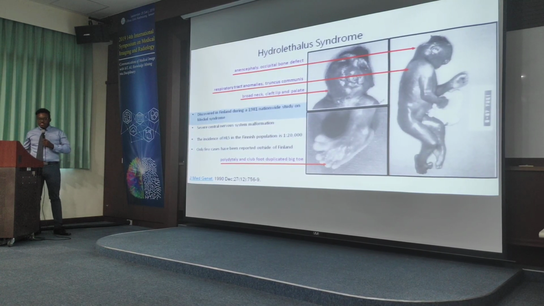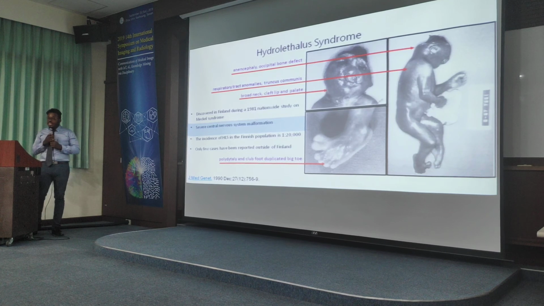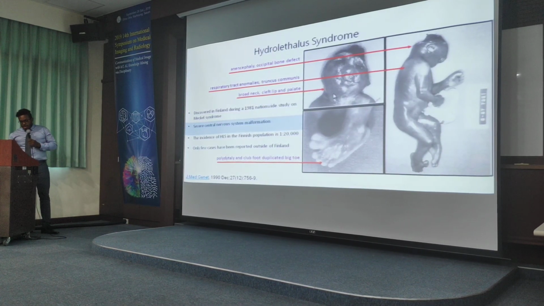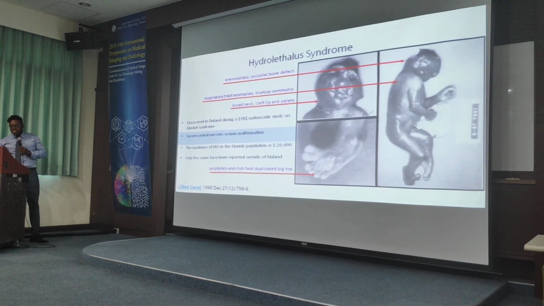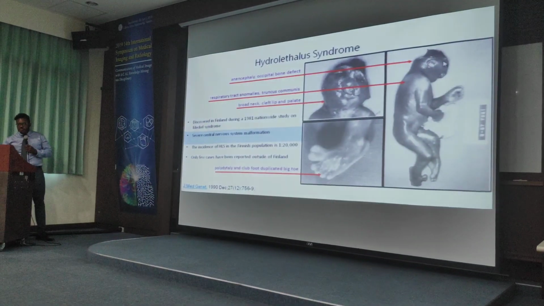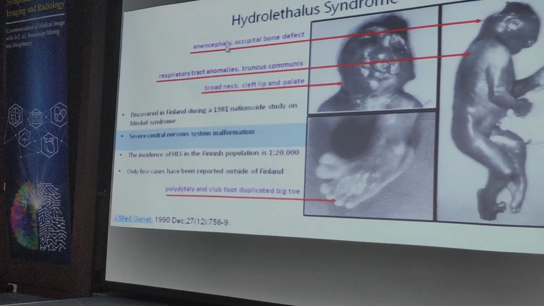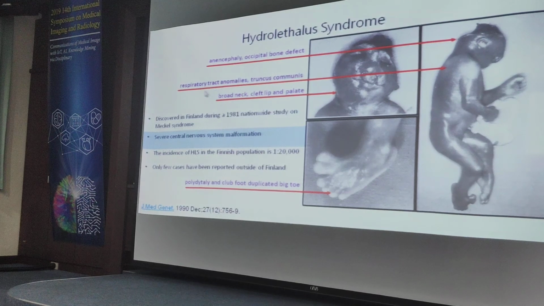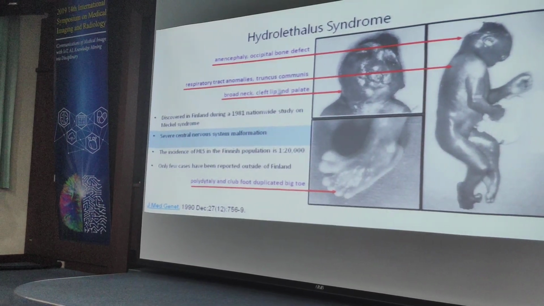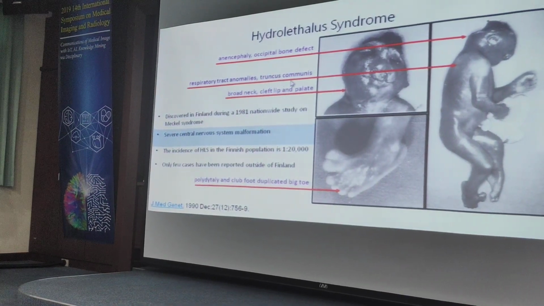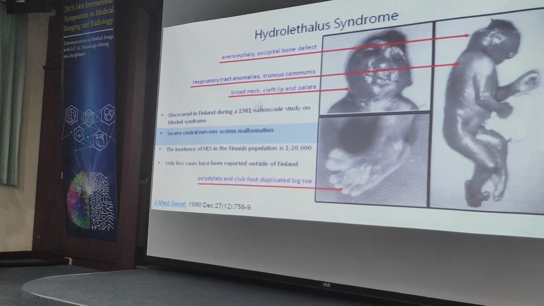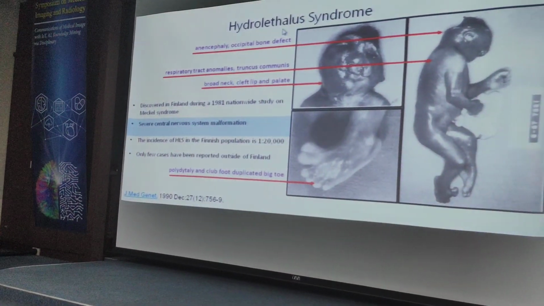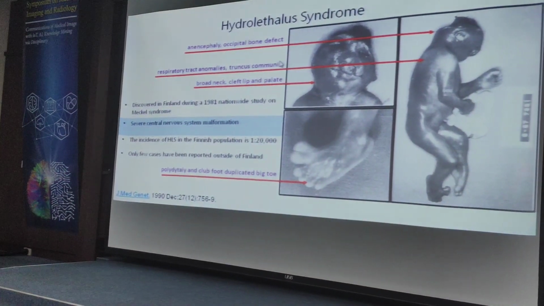It turns out that Hydrolethalus syndrome leads to severe nervous system malformation, and as you can see in this stillborn fetus, there's anencephaly, which is missing parts of the brain and head. There are occipital bone defects. There are also respiratory tract issues and a congenital heart disease called truncus communis. There's also a broad neck that's characteristic of Hydrolethalus syndrome, cleft lip, and palate.